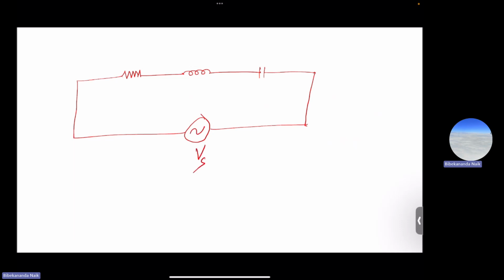This is the supply voltage Vs, this is resistor, inductor and capacitor. The voltage drop across resistor is VR, voltage drop across inductor is VL, voltage drop across capacitor is Vc, and the current is given by I equals Im sin omega t.